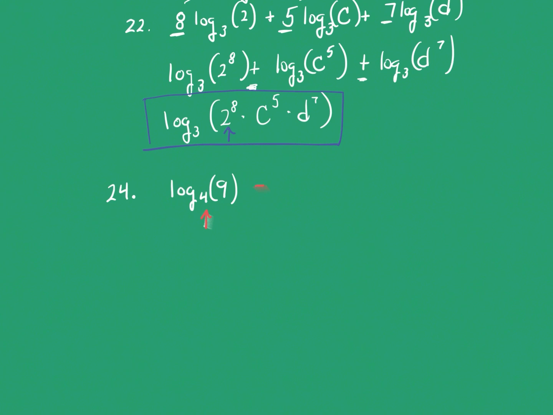I can say this is the same thing as log 10 of 9. So I've just changed my base from 4 to 10. And to do that, all I have to do is divide by log 10 of 4. So this number, the 4, comes down to here.